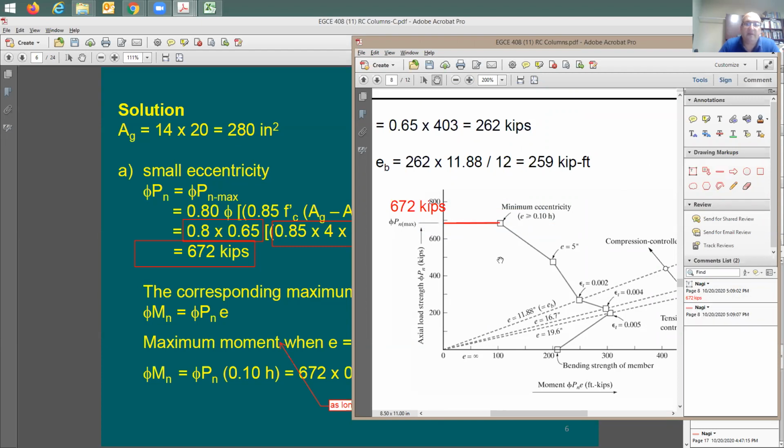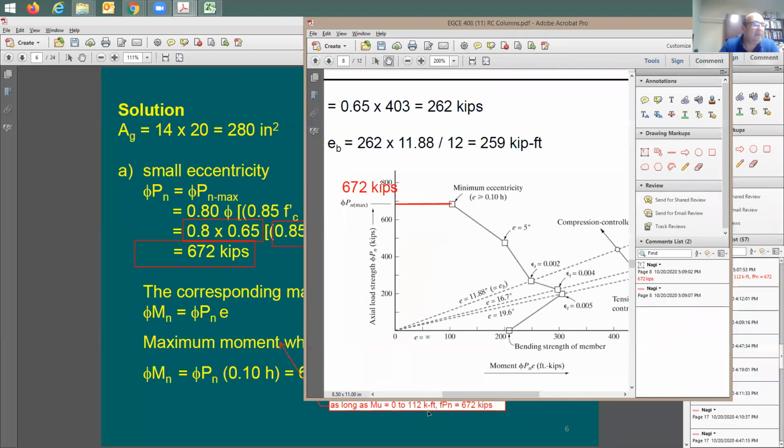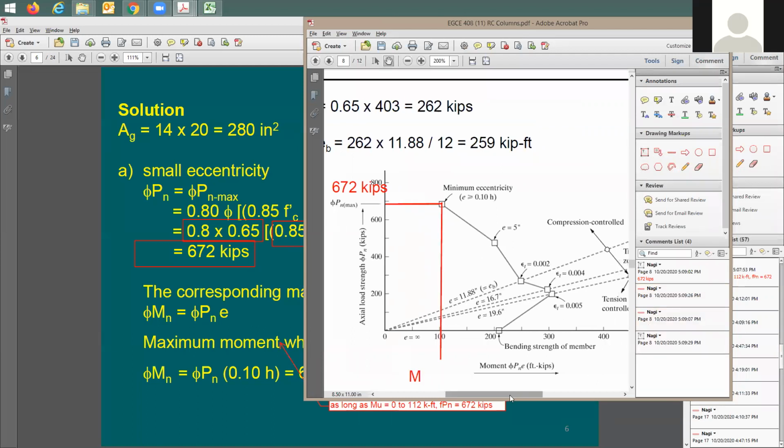Why do I have a straight line? Because it says here, you're going to have the same axial load capacity as long as the moment is going to be ranging from 0 all the way to how much? Based on the bottom, to 112. So how much is the moment here at this point? This is going to be 112. So the moment here equals 112 kF/foot.